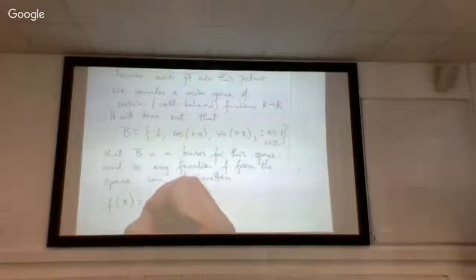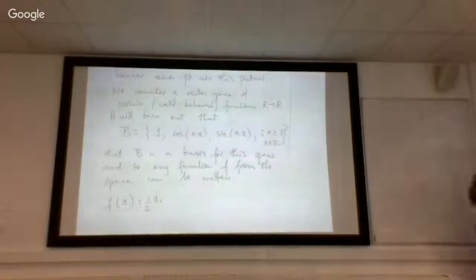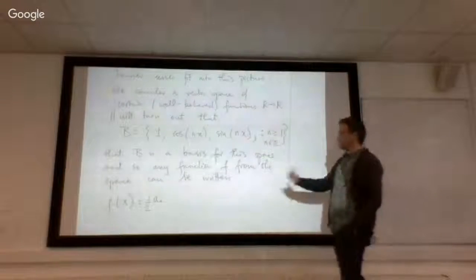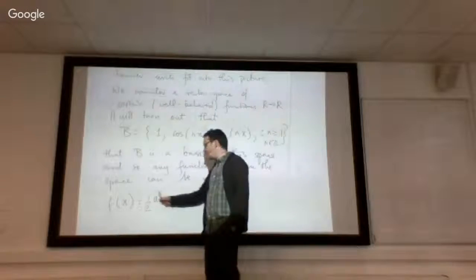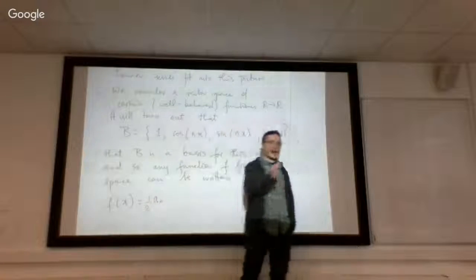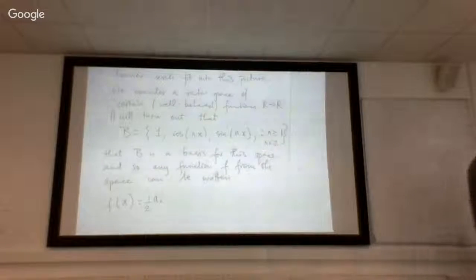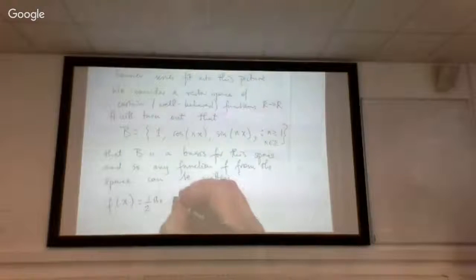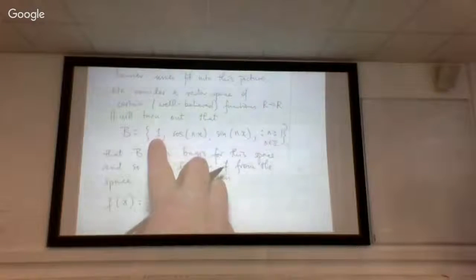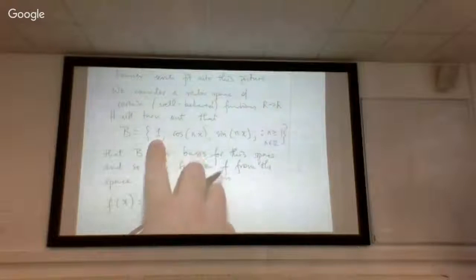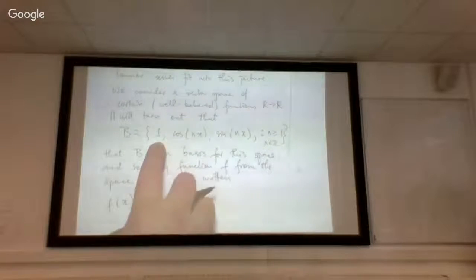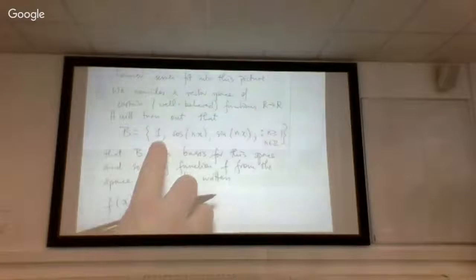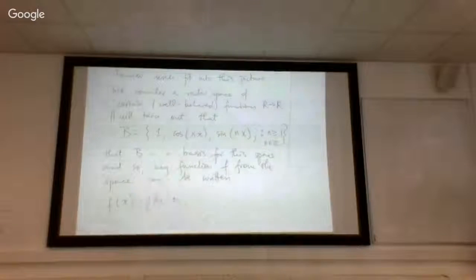Now, for reasons of standardization and fitting in with other formulae, the constant term we represent as half times this coefficient A0. So that's the constant term of the Fourier series. This 1 up here is representing the constant function of value 1, so this term half of A0 is some scalar multiple of that constant function.